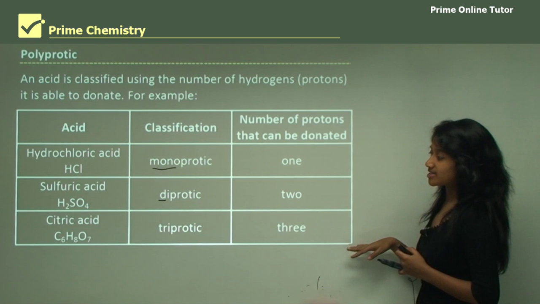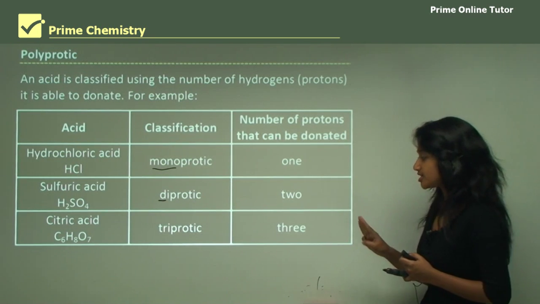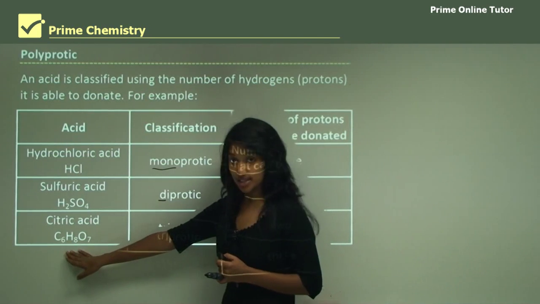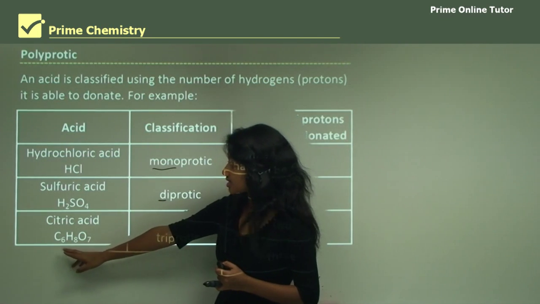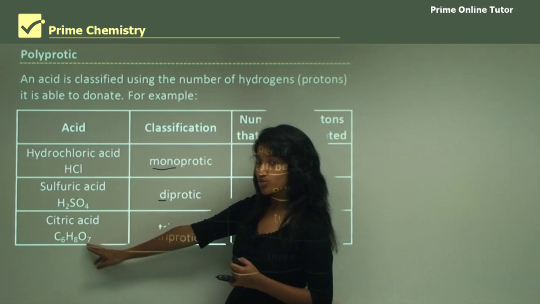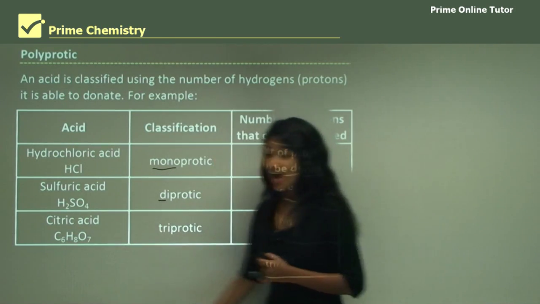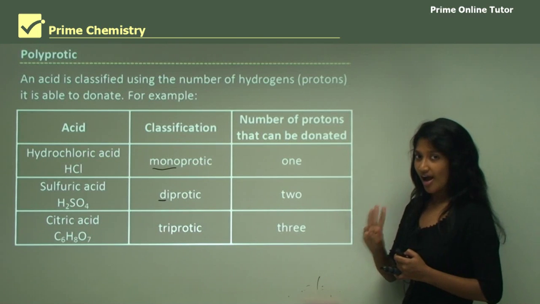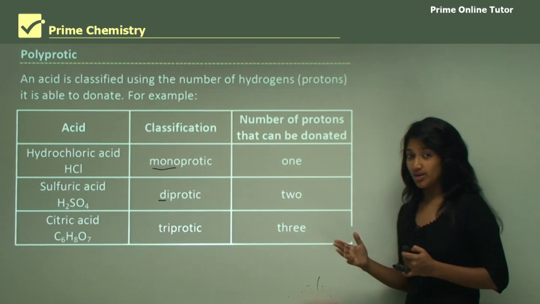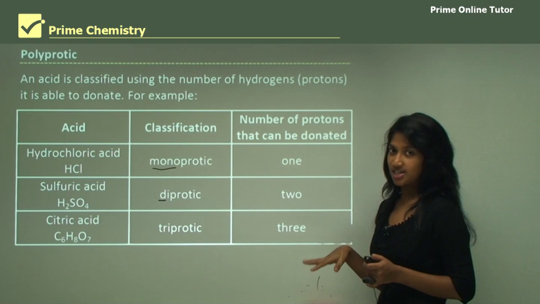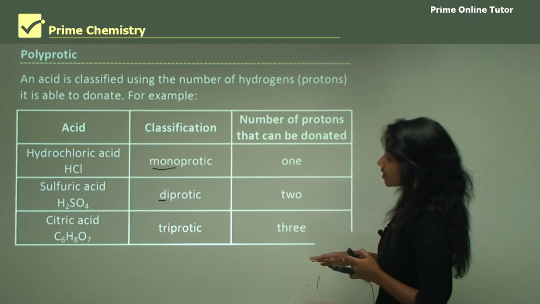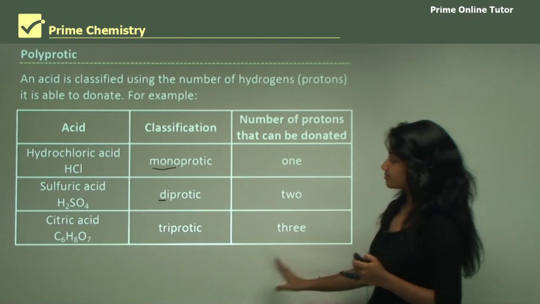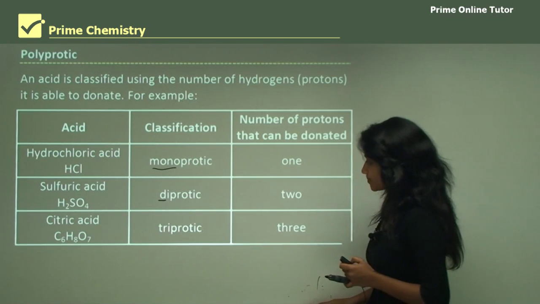In triprotic acids, 3 of the hydrogens are donated. In citric acid, C6H8O7, we have 8 hydrogens, but from those 8, only 3 are able to be donated. In other words, the other 5 cannot be donated in ionization. So it has 3 hydrogens that it can donate, making it a triprotic acid.